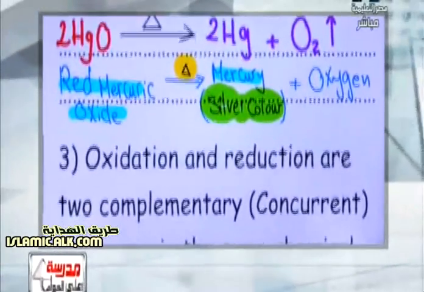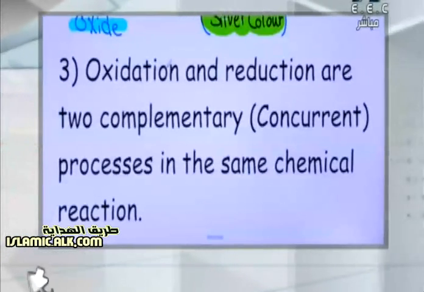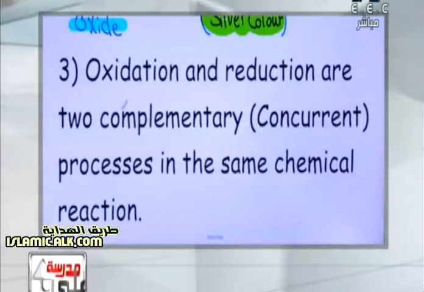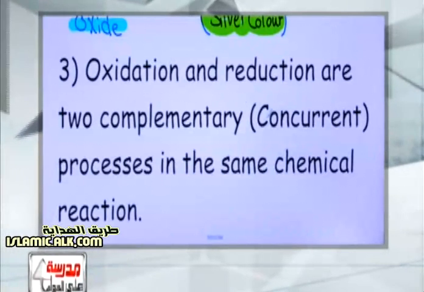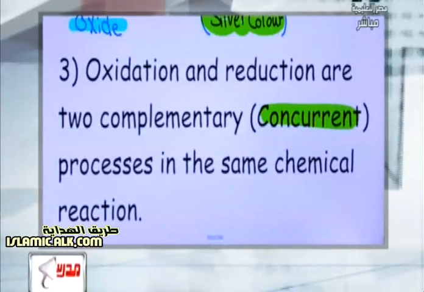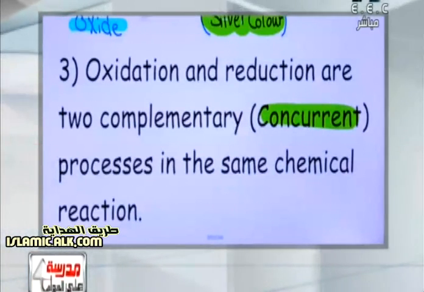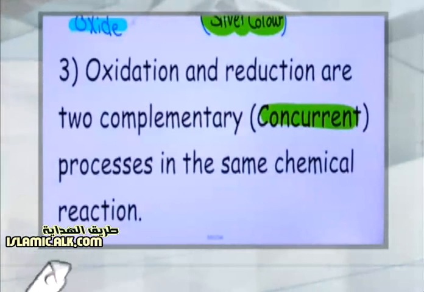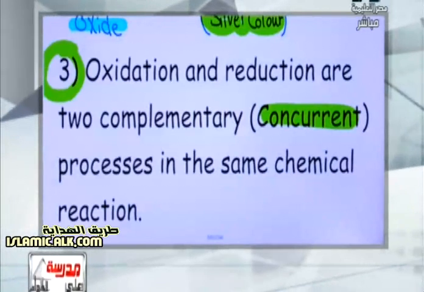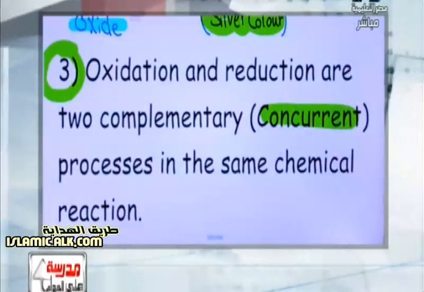Number 3. Here we have oxidation and reduction are two complementary or two concurrent processes in the same chemical reaction. Here we can answer why the oxidation and reduction in question number 3 are two concurrent or complementary processes.